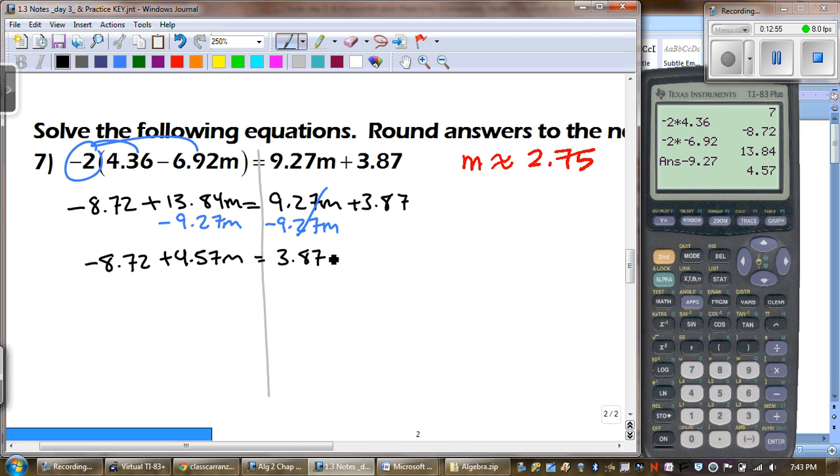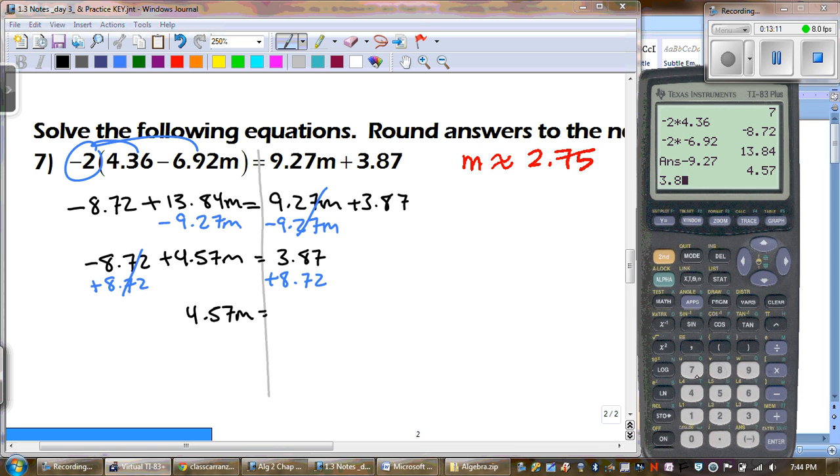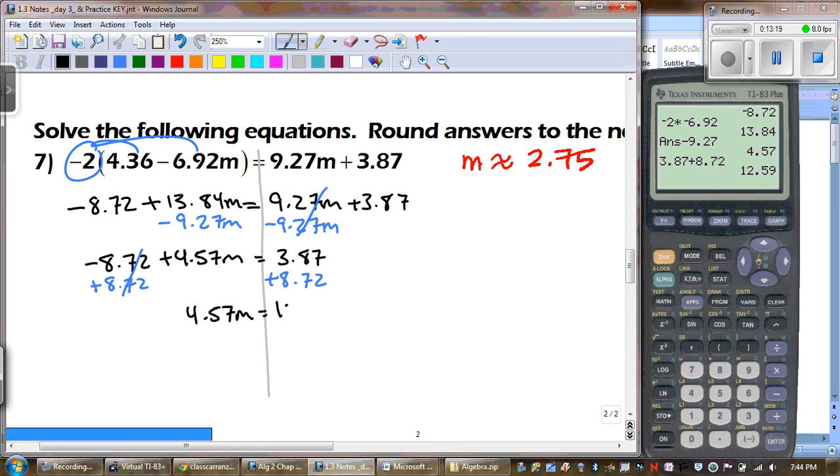Okay? And now, see guys, we're doing the exact same steps, even with decimals, okay? So don't freak out. 3.87 plus 8.72 gives us a grand total of 12.59.